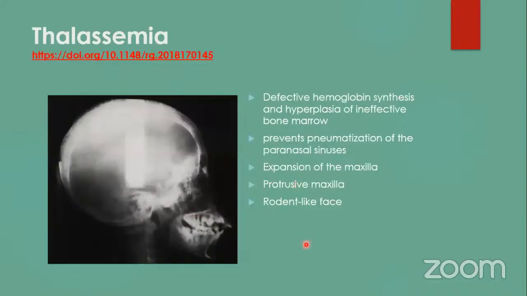The other example is thalassemia. Here we have defective hemoglobin synthesis, so you end up having hyperplasia of an ineffective bone marrow.